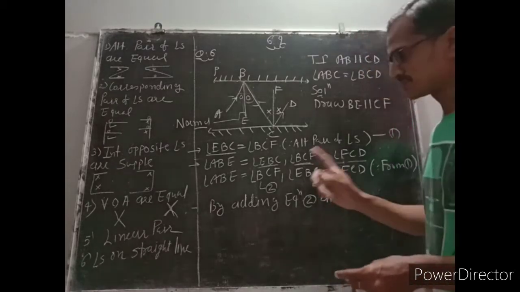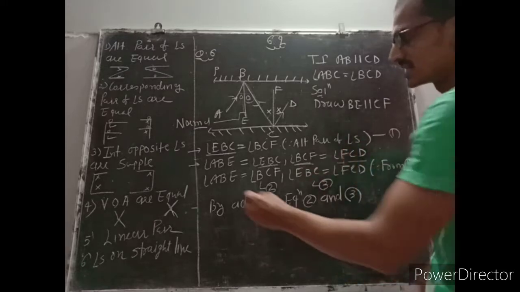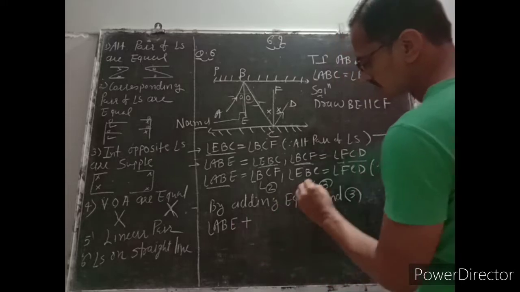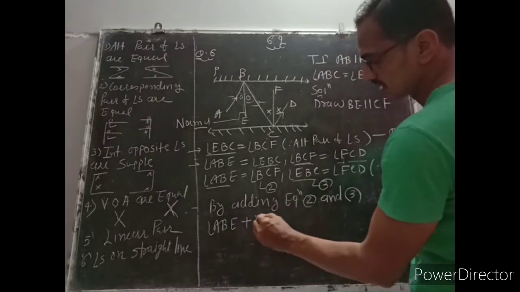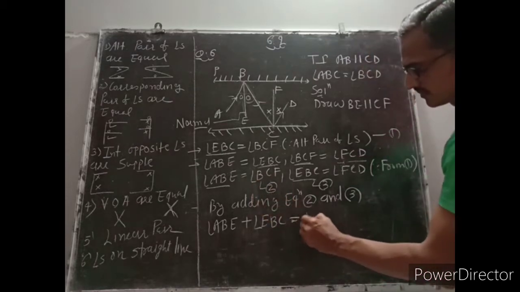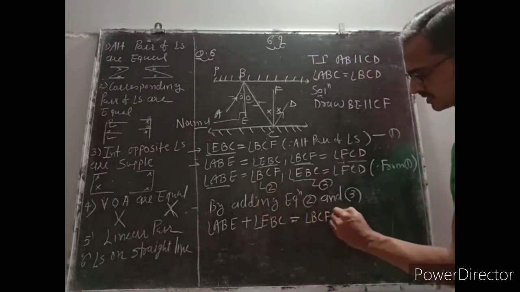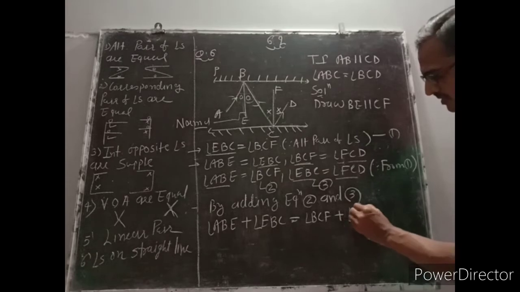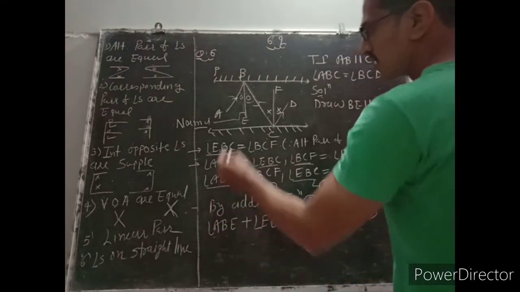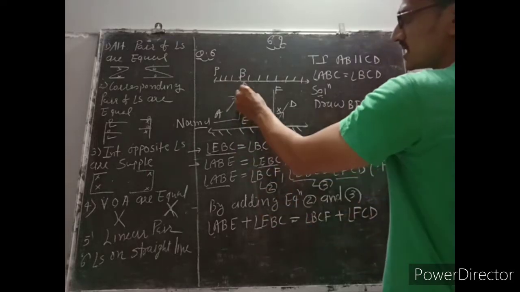When we add, left side with left side, right side with right side. Left side is ABE plus EBC, right side is BCF plus FCD. Add ABE this angle and EBC this angle.